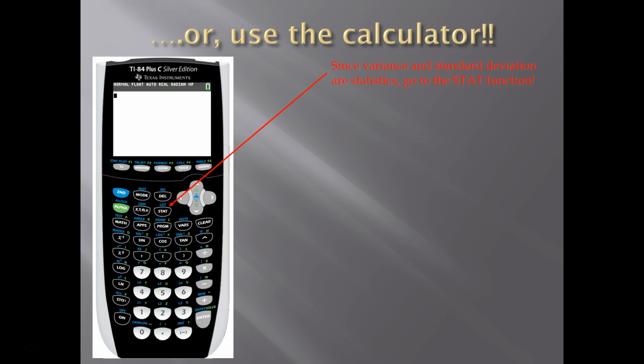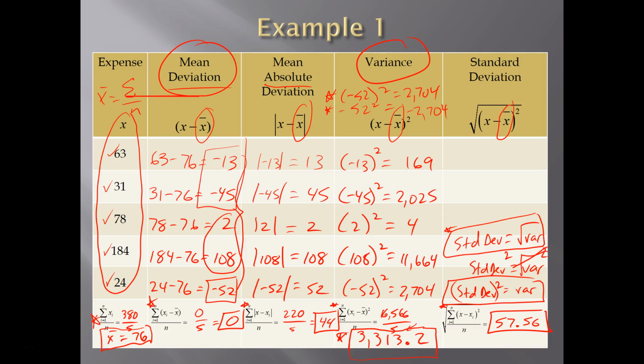The calculator has a built-in way of doing this stuff for you. And really, if I want to go back to the last screen for a minute, quite frankly, the real reason why you would want to do all the things we just did in that last table would be to find the variance and the standard deviation, right?